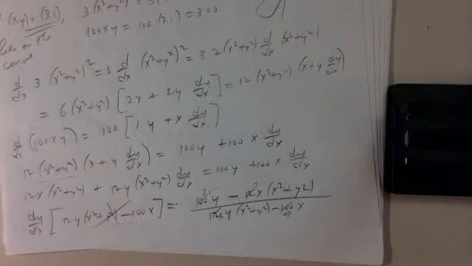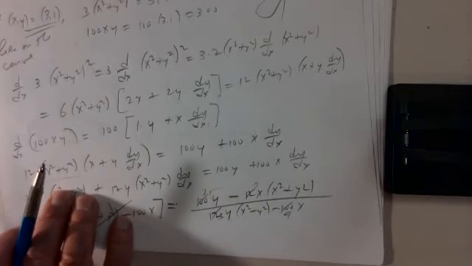Again, this is supposed to be hard only because it's new. And after you've done 10 or 20 problems using implicit differentiation and become familiar with the technique, it'll be easy.